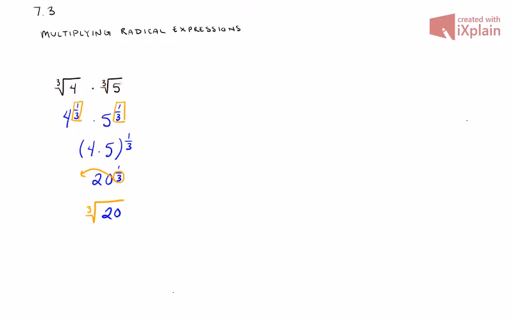Okay, so same idea. If we are using the same kind of radical, so same cube root, I can do one big cube root and put the 4 and the 5 underneath it. My multiplication sign looks like it fell down, so let me rewrite that so that it's clearer. This will then give me a cube root of 20.